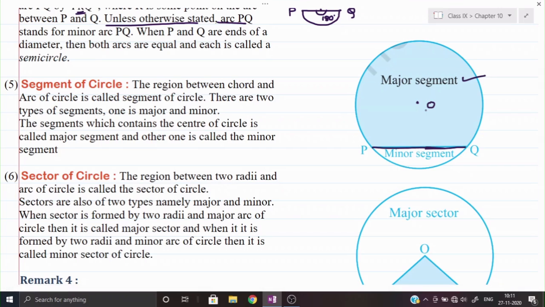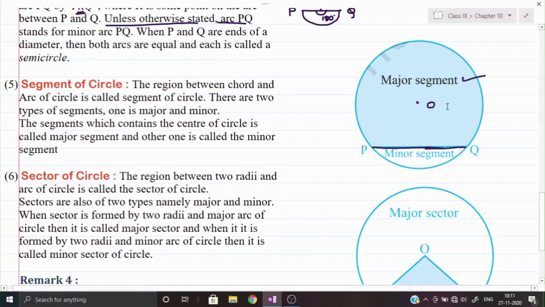Okay, so basically the region we see between the chord and the arc of a circle is called the segment, and in whichever segment the center lies, that is called the major segment, and in whichever segment the center doesn't lie is called the minor segment.